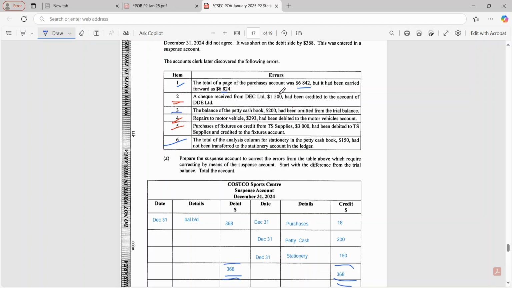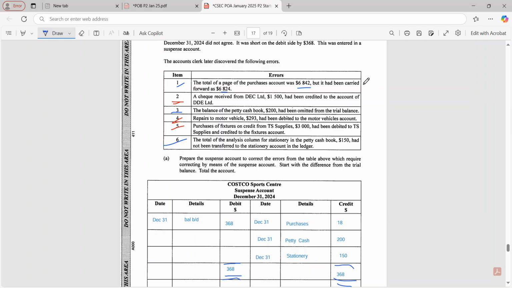The total of a page of a purchase account was $6,842, but it had been carried forward as $6,824. Do you find the purchases account in your income statement? Yes. That is what you use to calculate cost of goods sold, right? Yeah, that's the top part of your income statement where you have sales, less cost of goods sold, add purchases.